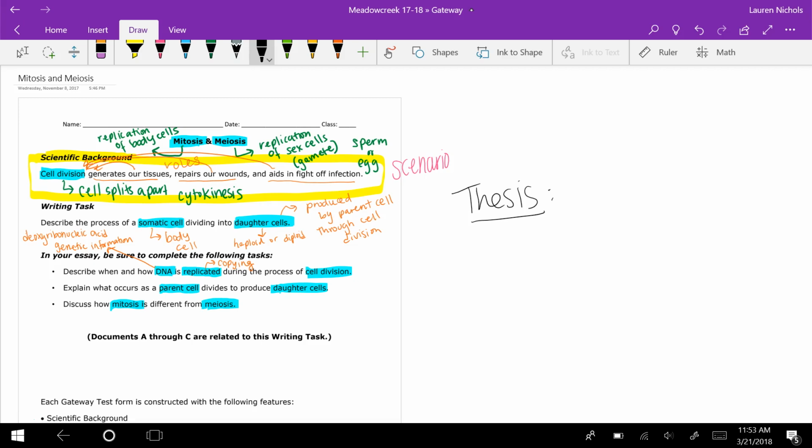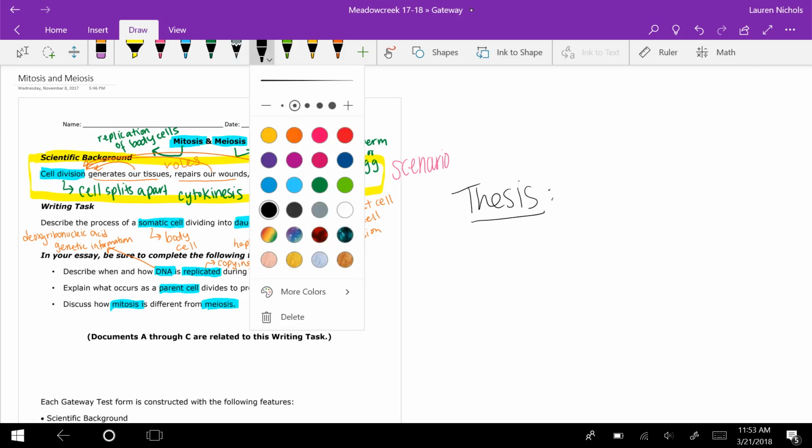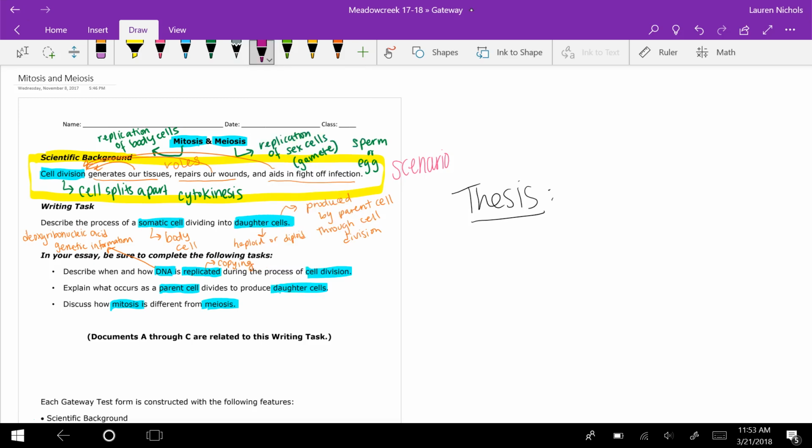With the thesis, you want to look at what are the important things in each bullet point, so the main subject or summary. If we look at bullet point number 1, describe when and how DNA is replicated during the process of cell division, the big thing there is DNA replication. That's the main focus. When, how, all of that.